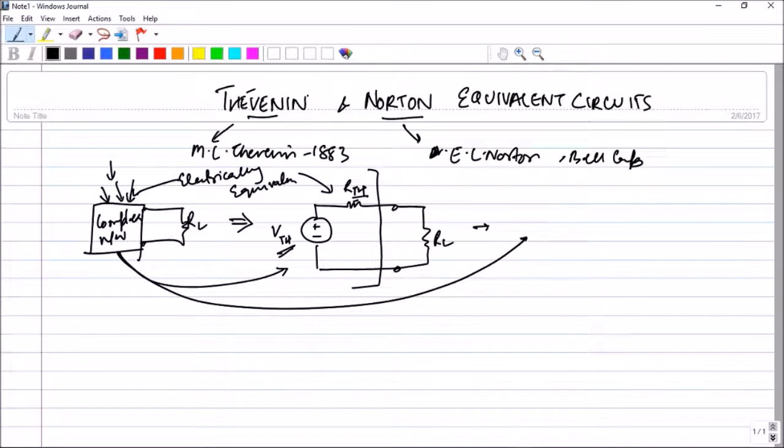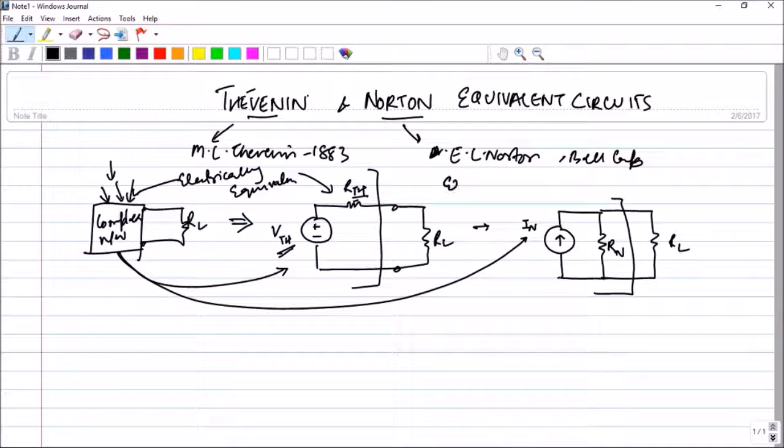Now, what does the Norton equivalent tell us? You can replace the entire complex network by a single current source with current I Norton, and R Norton in parallel, and this is going to be your load resistance. So this is also electrically equivalent to your complex network.